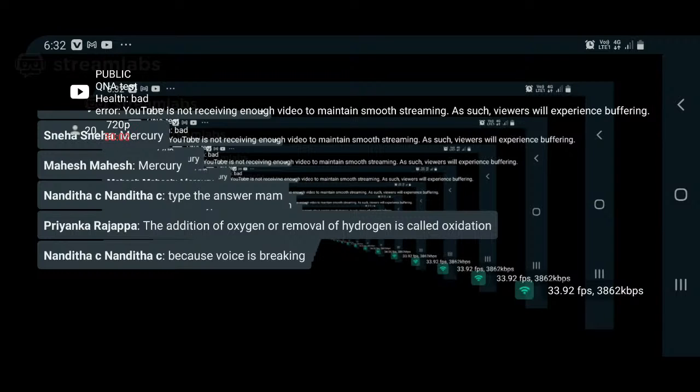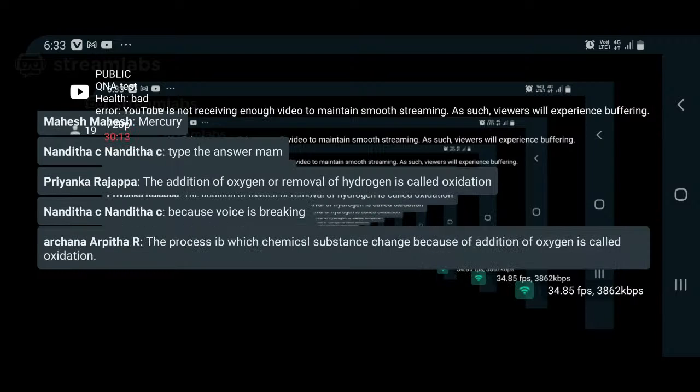Yeah, Priyanka, it's correct answer. Yes. Oxidation is the loss of electrons or addition of oxygen or removal of hydrogen. Good. Yeah, Arpita, good answer. Okay, we'll go for next one.